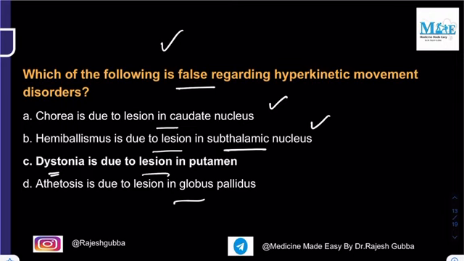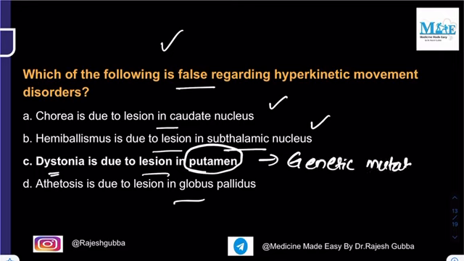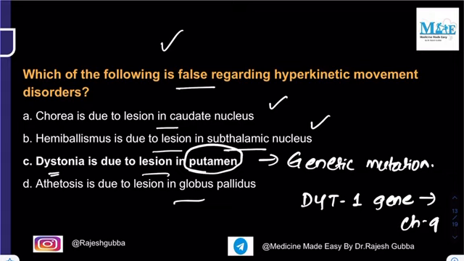But dystonia is not due to lesion in the putamen.